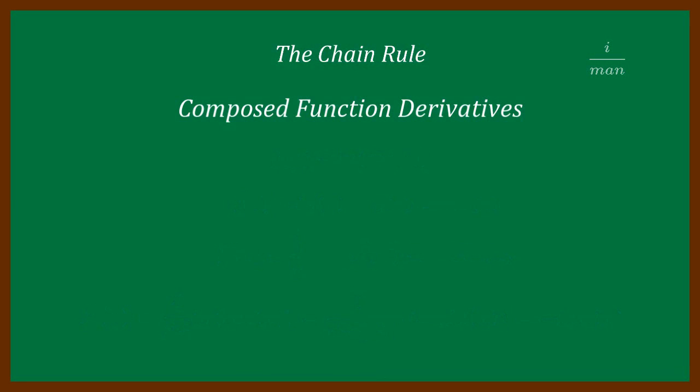Another example. Suppose we have f of x equals e to the power x cubed. Then, since we again have parentheses, the inner function is x cubed, so g of x equals x cubed. And the outer function is f of g equals e to the g.